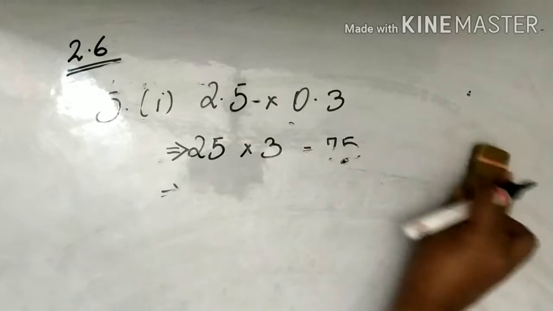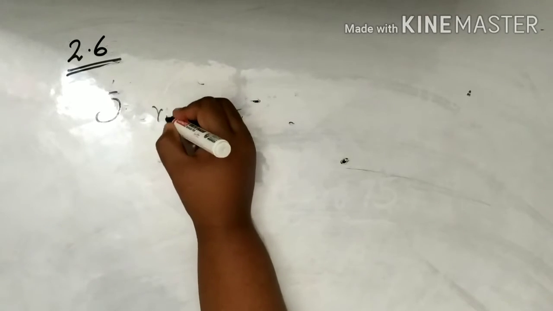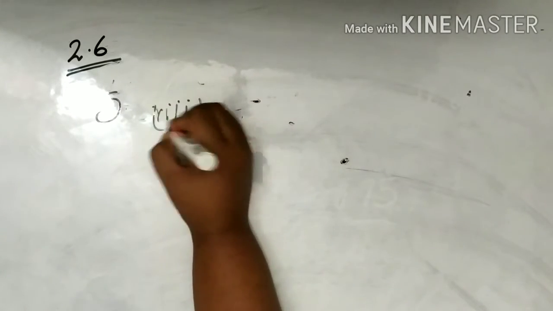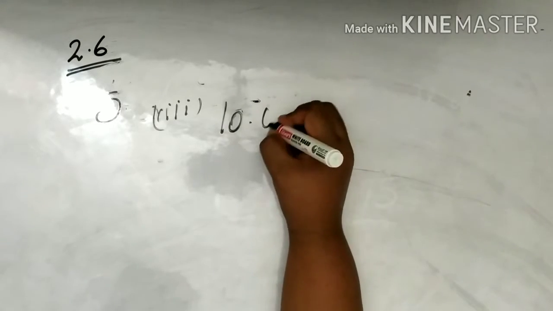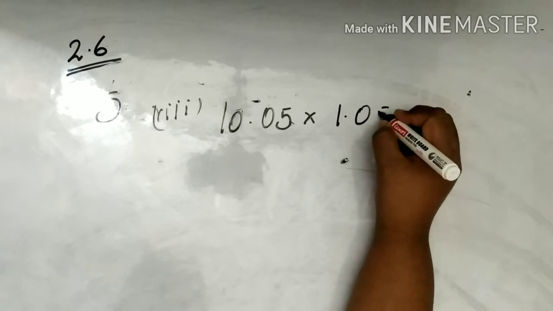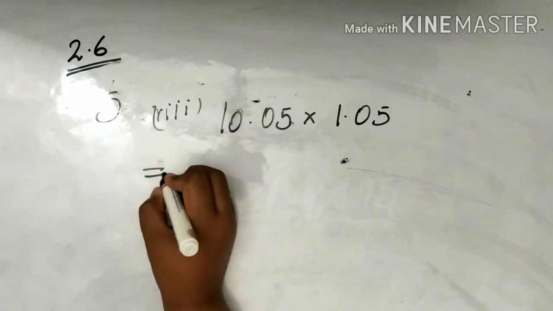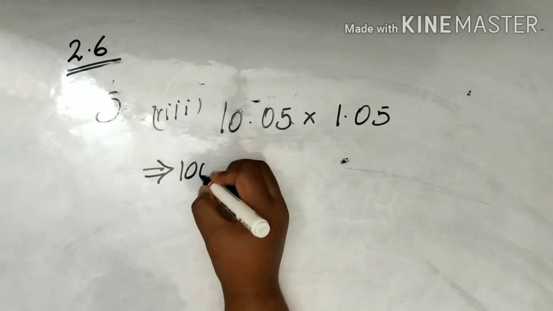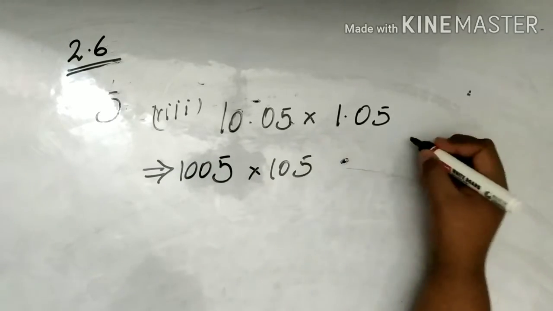Now let's see another question. Let us take the 8th part. It says 10.05 into 1.05. So firstly, remove the decimals and do the multiplication part. So we have 1005 into 105, right?